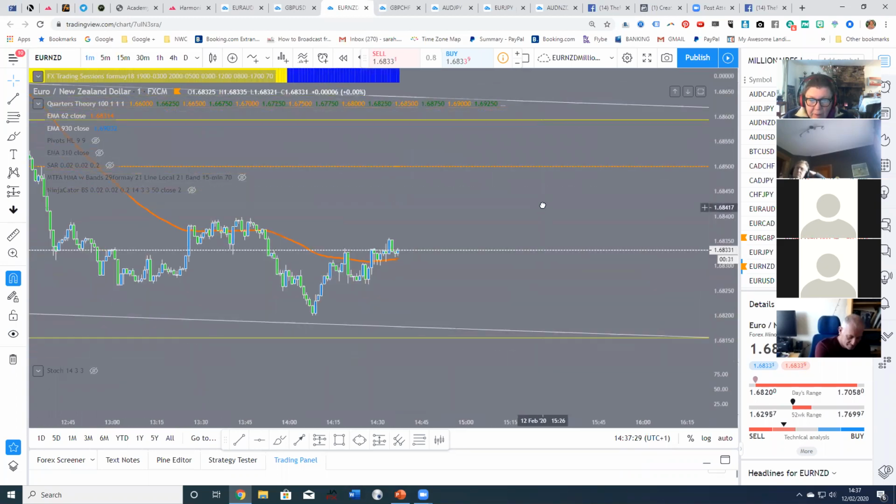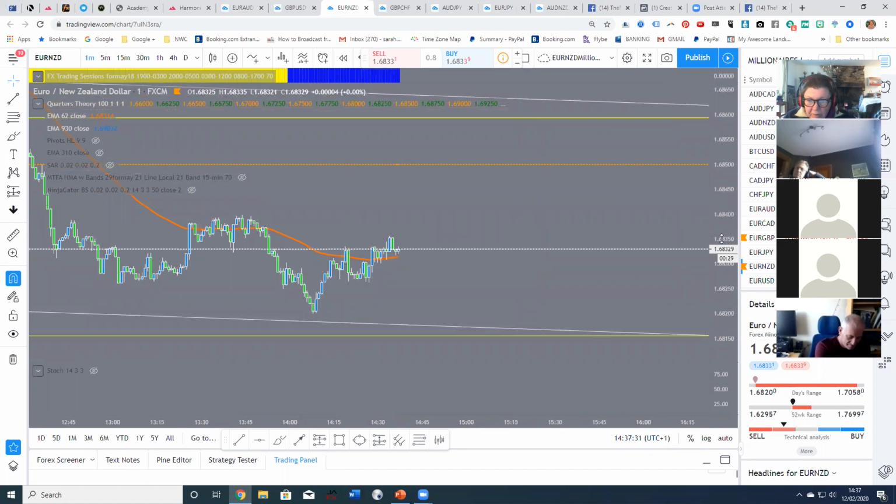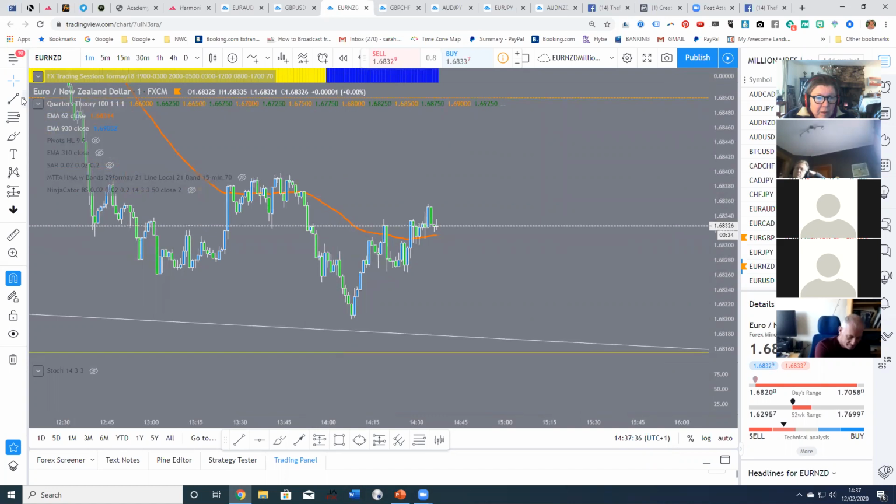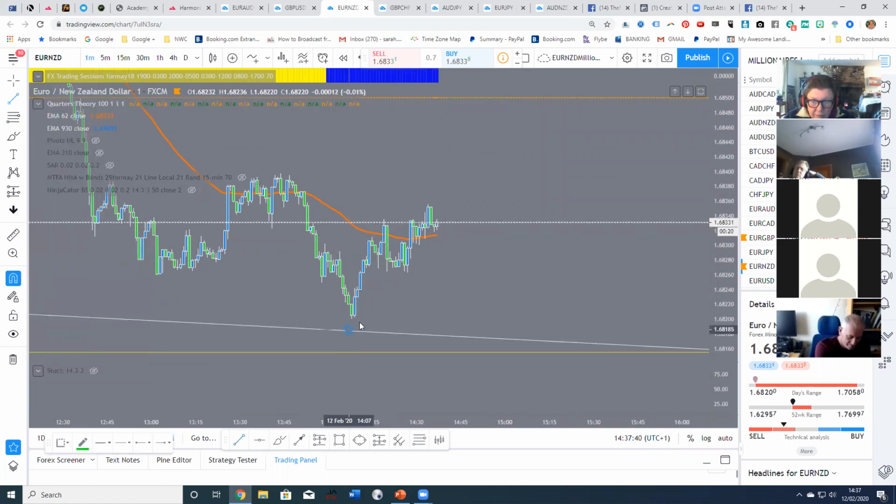The 1 minute can be a bit too precise sometimes. But here's the current trend, which is from something like that. So that's the current trend, and we want price to carry on up.